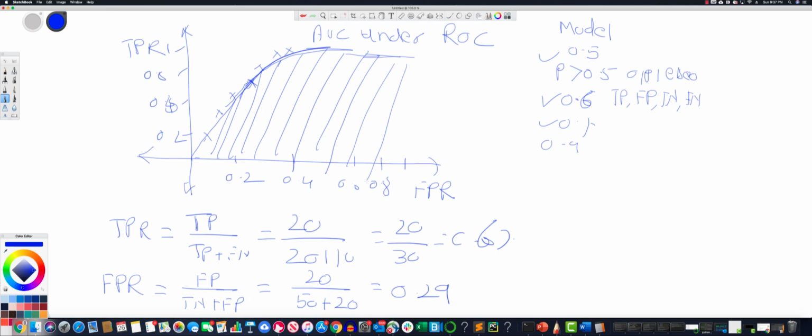A random model will have a curve like this, where the TPR and FPR are equal, and we want our curve to be above this random model curve, and we want the area to be as high as possible. That means this curve, for example, is better than this curve, and this curve is better than all the curves. The more the curve is leaning to the left, the better we consider the AUC.